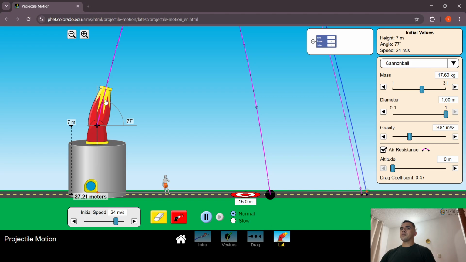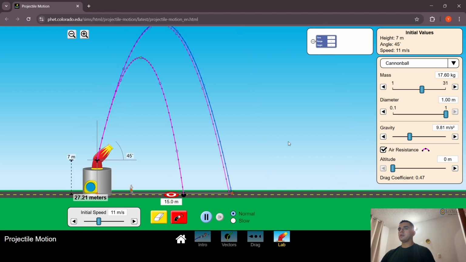So to test this one, I just set it here to 45 degrees. I'm going to set a shorter initial speed in order to see the long movement of the ball.